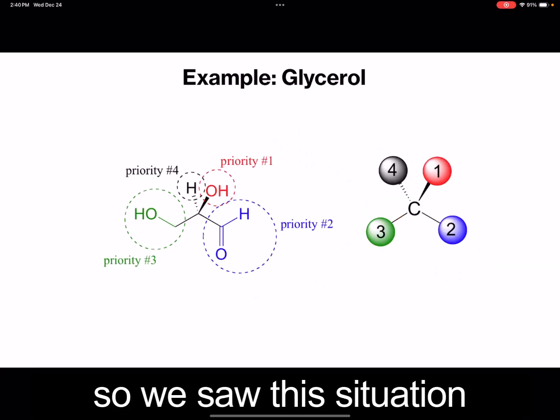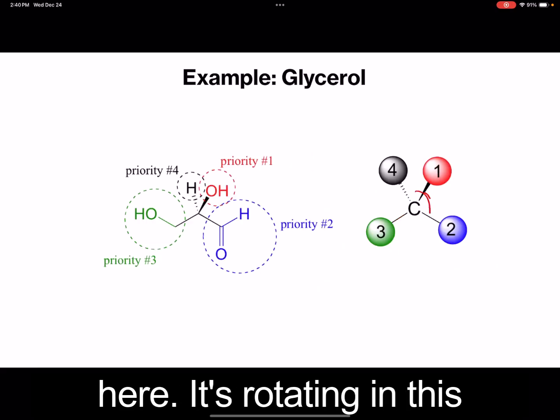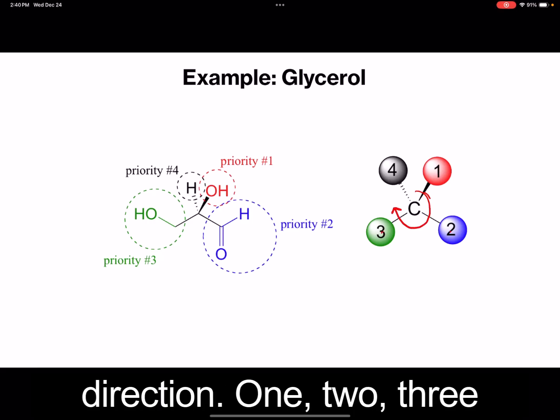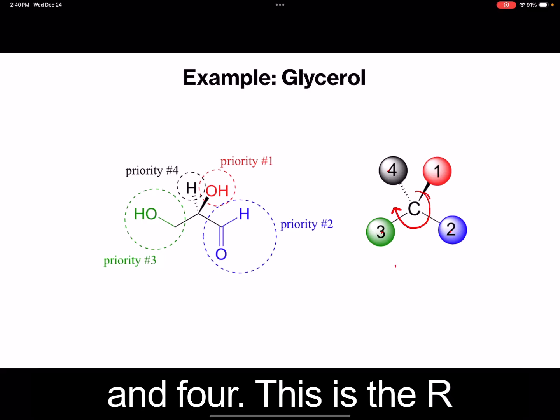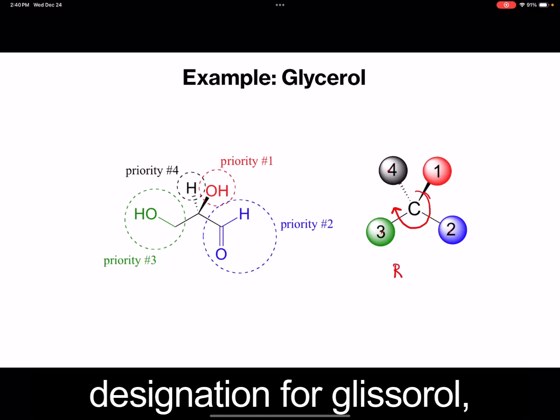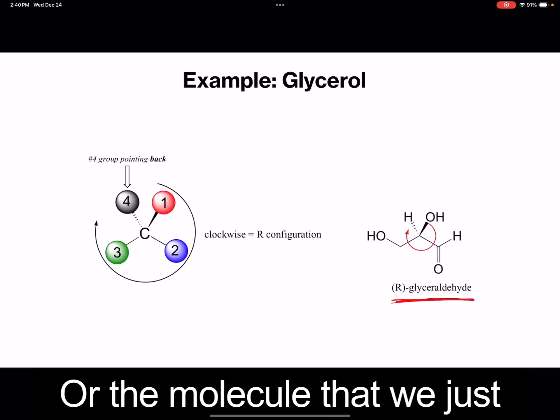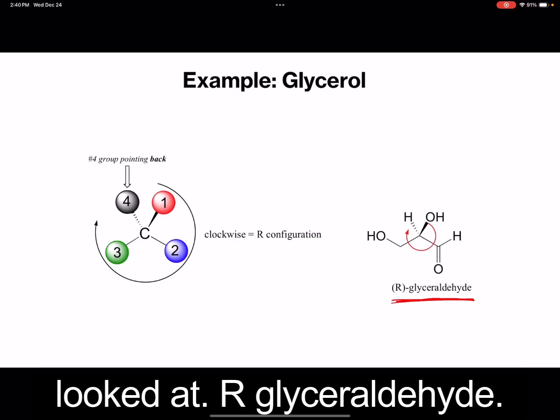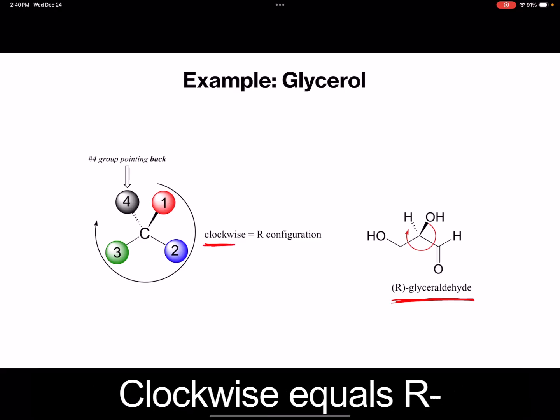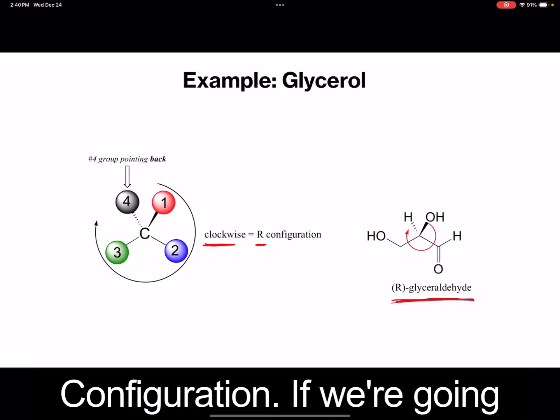Okay, so we saw this situation here. It's rotating in this direction, 1, 2, 3, and 4. This is the R designation for glycerol, or the molecule that we just looked at, R-glyceraldehyde. Clockwise equals R configuration.